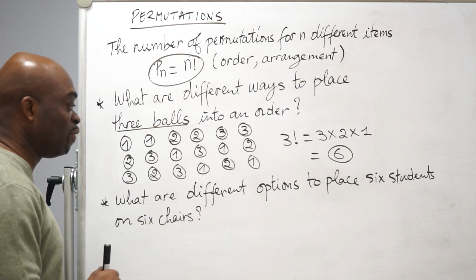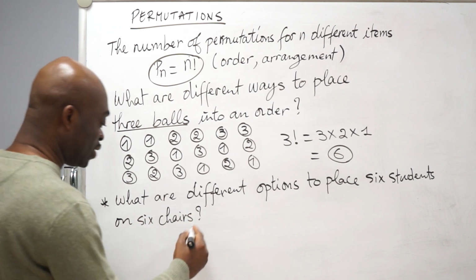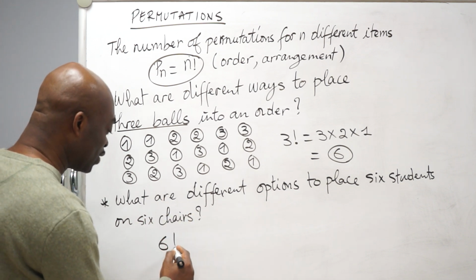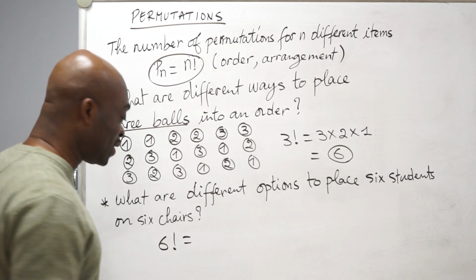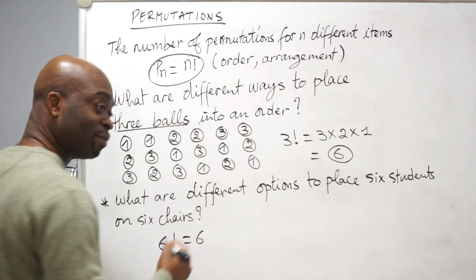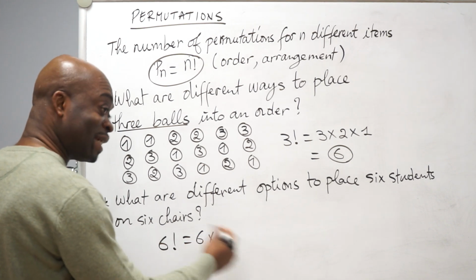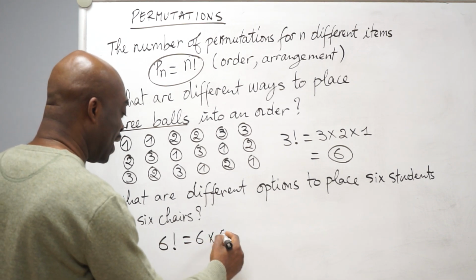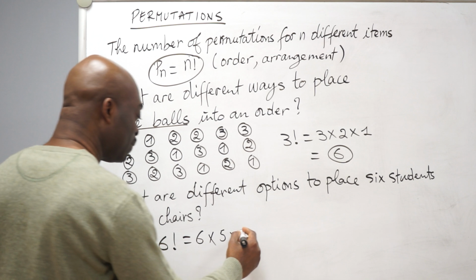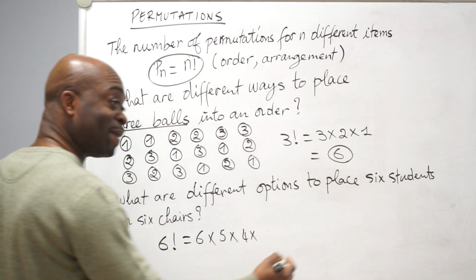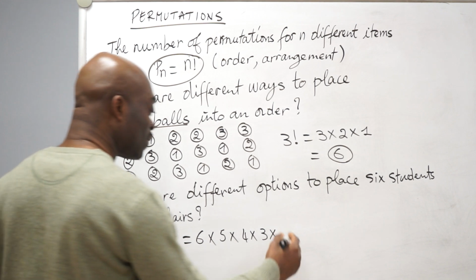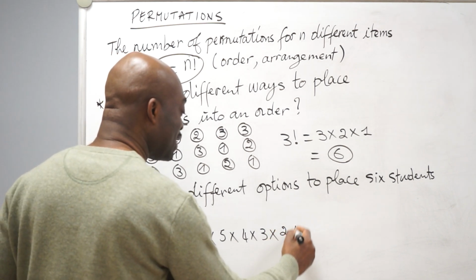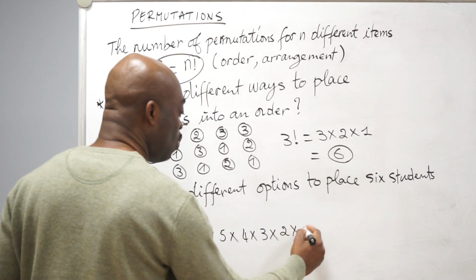So let's go back over here. 6 students on 6 chairs, so it's going to be factorial 6. Back here, how do we account for factorial 6? It's 6 first, times 6 minus 1, which is 5, times 6 minus 2, which is 4, times 6 minus 3, which is 3, times 6 minus 4, which is 2, times 6 minus 5, which is 1.